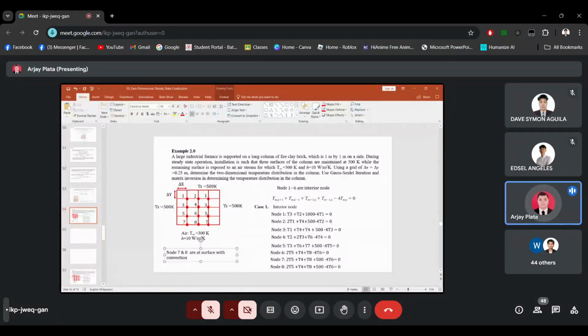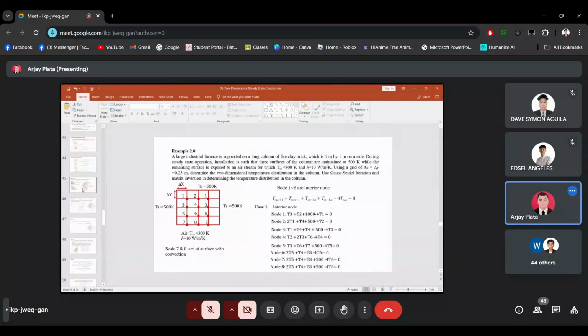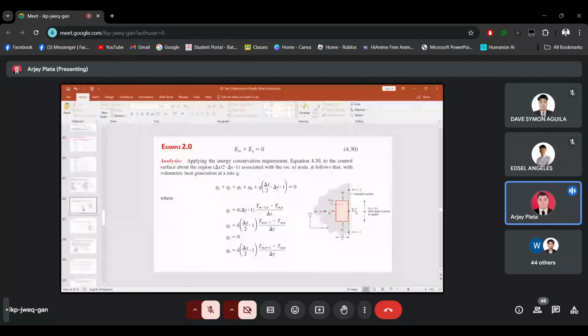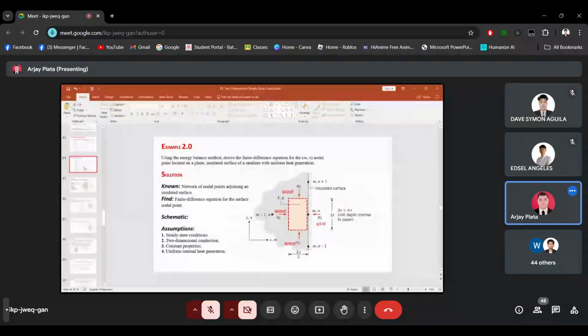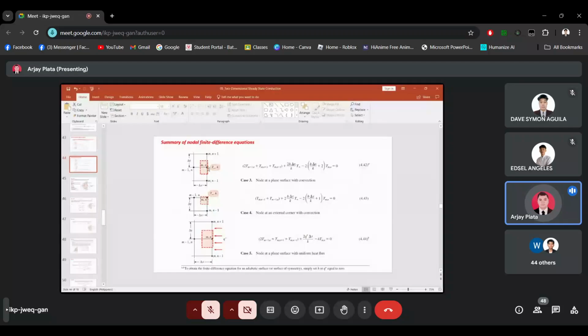So here we will use a different equation, which is case 3.